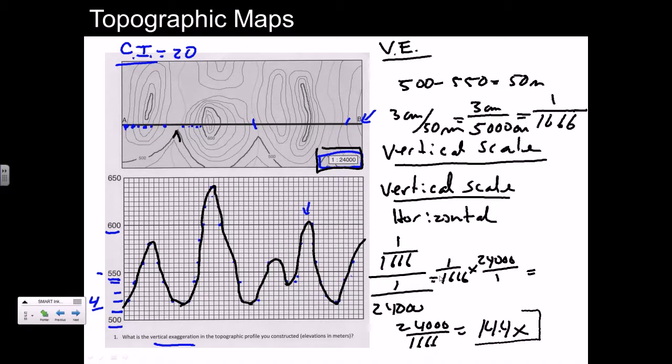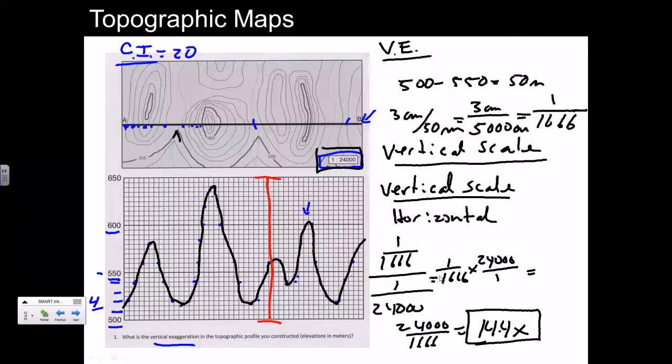So the vertical exaggeration, the VE, is 14.4, and all that means is that we've taken this scale and we've stretched it, so it's 14 times larger in scale than the actual map. All right, so that's how you calculate vertical exaggeration.